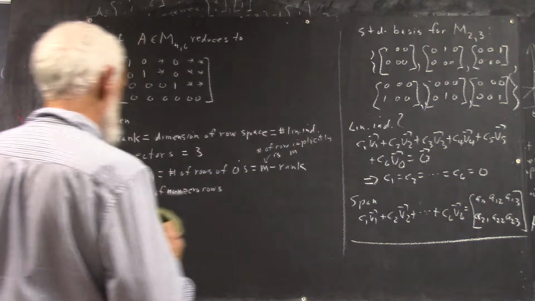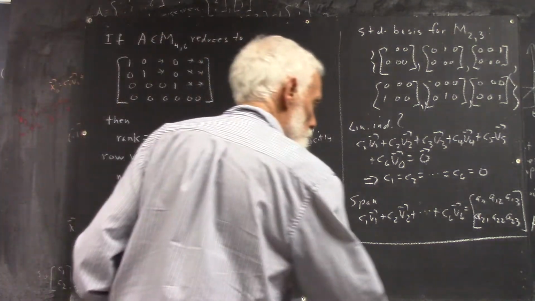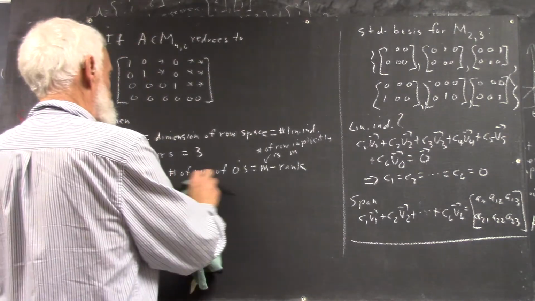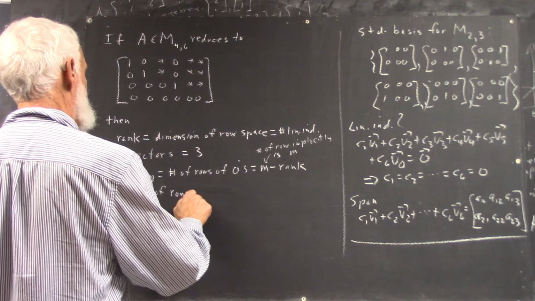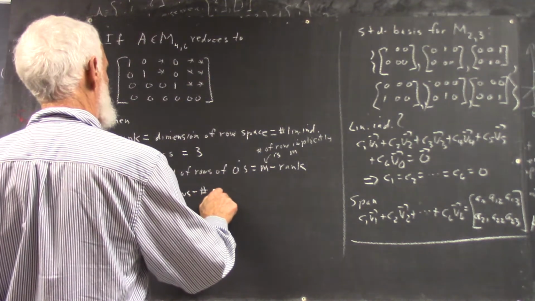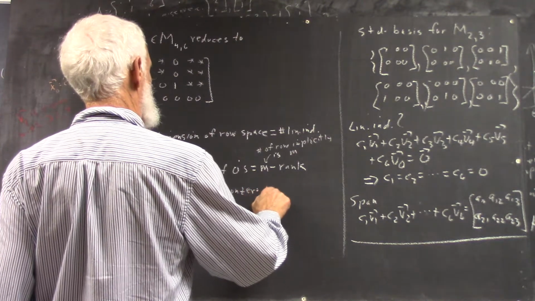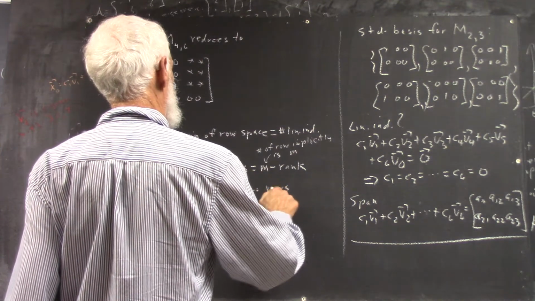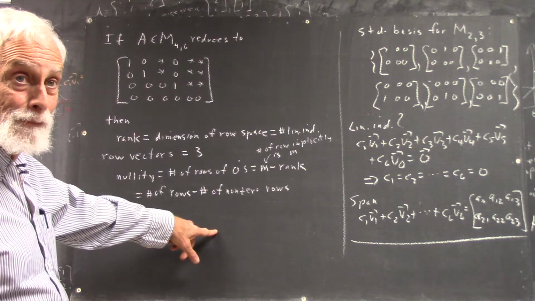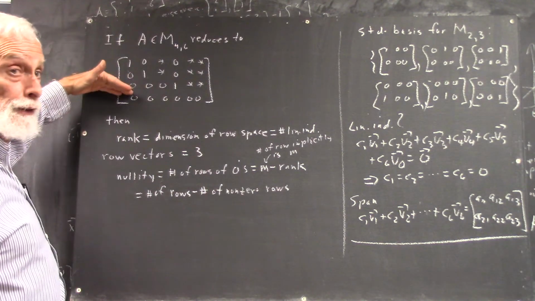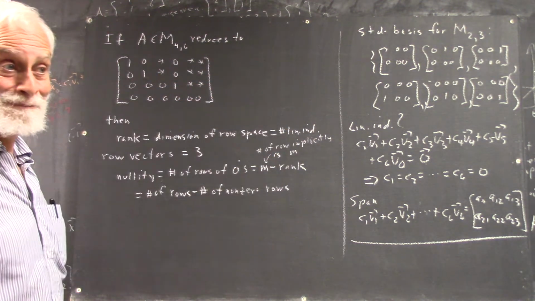Oh boy, think about the words you're going to write. It's a number of rows. And that should be obvious, right? Because your rank is the number of non-zero rows, you subtract that from the number of rows, you got the number of 0 rows. Okay?